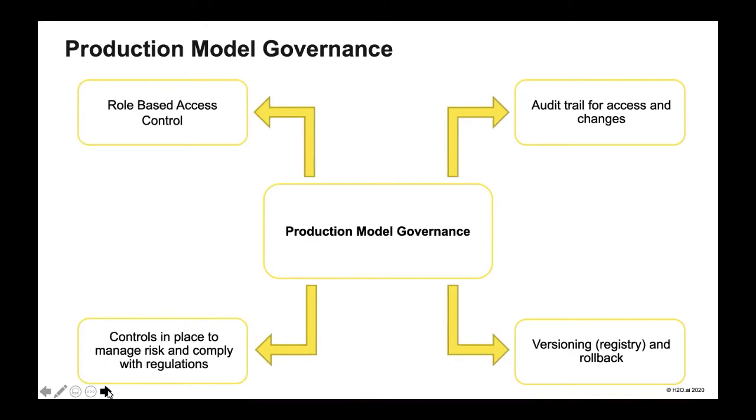It should be top of mind for us, and we should be thinking about how we're going to solve some of these problems up front before we start getting models deployed into production. And it includes a number of areas, including things like access control and audit trails, versioning, history, what we could call lineage. We'll talk about that, and any other controls and reports that we feel like we're going to need for production management.